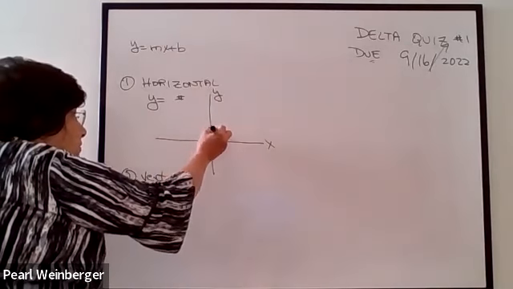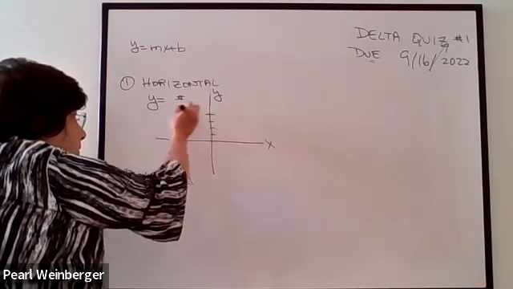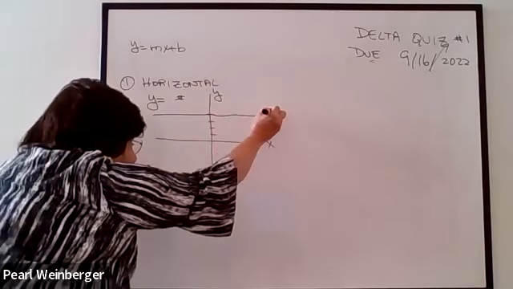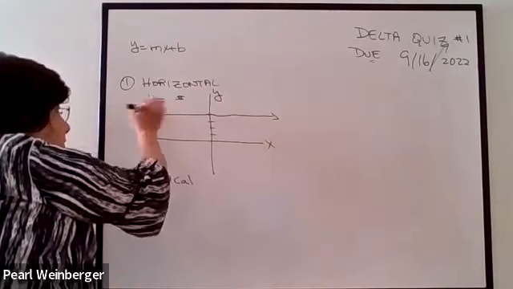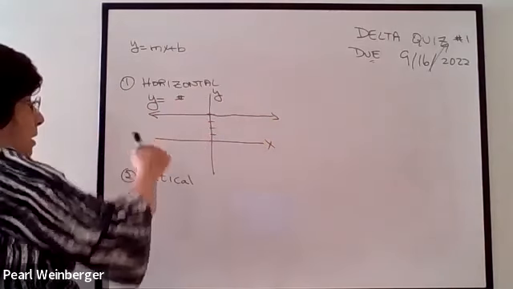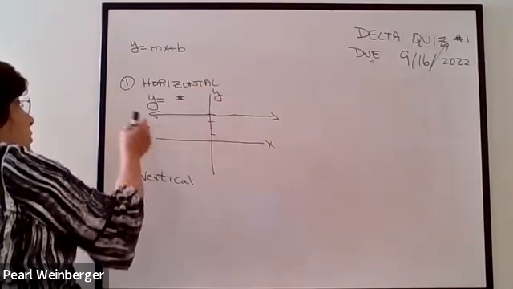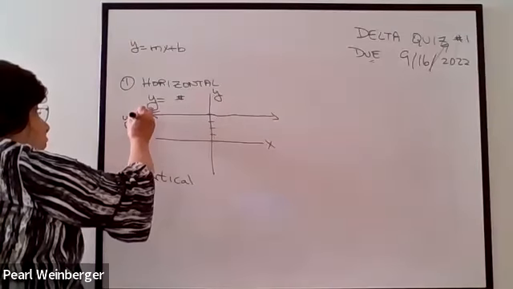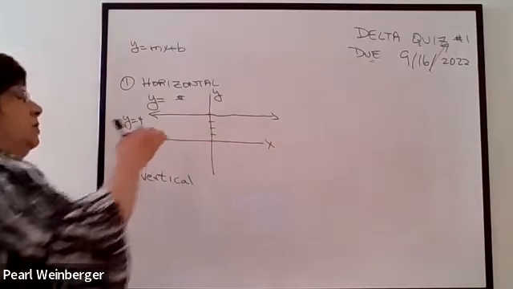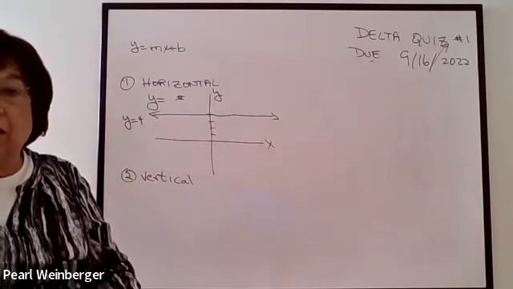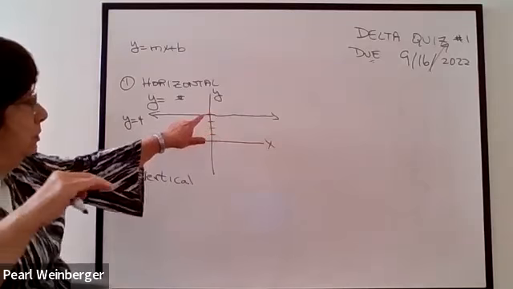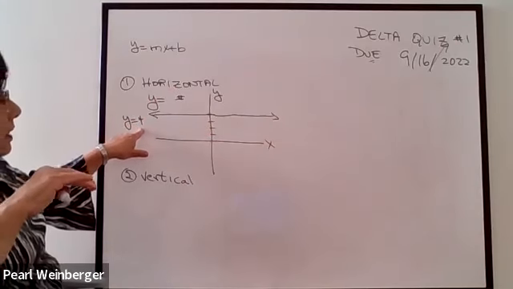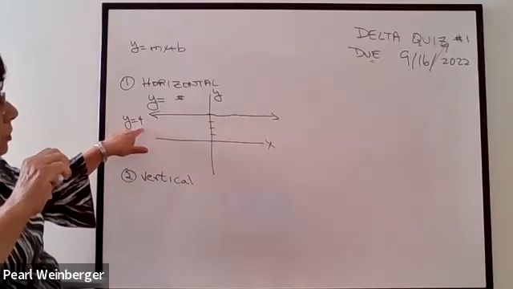Let's say we have this line that goes straight across, horizontal. The equation of this line is y equals 4. It's crossing the y-axis at 4, its y-intercept is 4, so y equals 4 is the equation of the line.